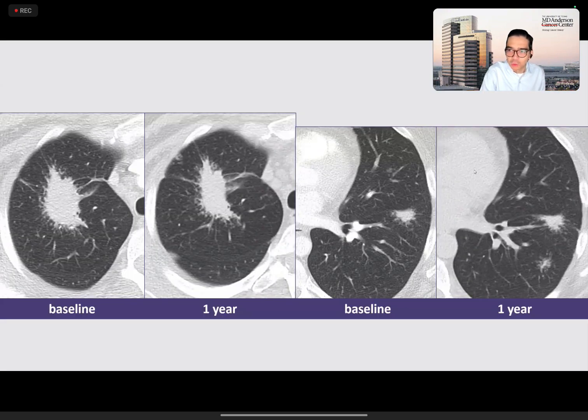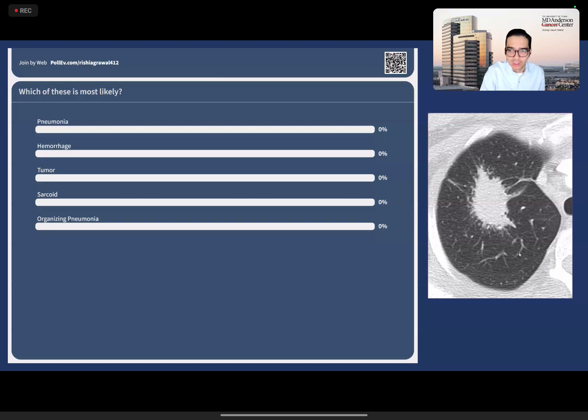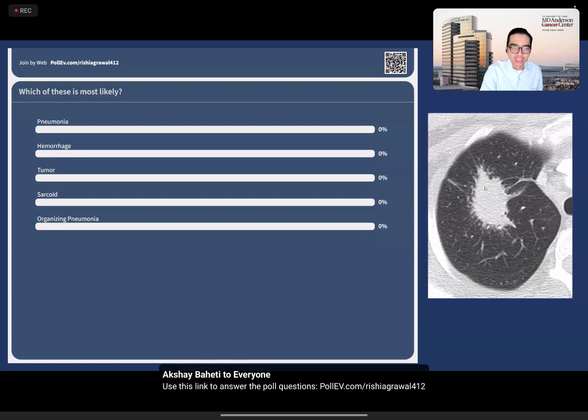Okay, so the first warm-up question is going to be based on this image here. Baseline and 1 year, and then in the left lung, baseline and 1 year. Okay, and this is what it looks like. So which of these is most likely?